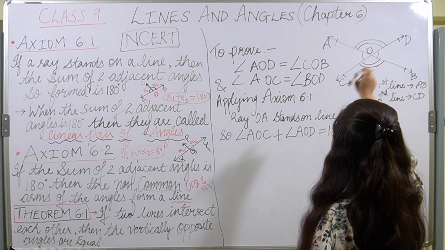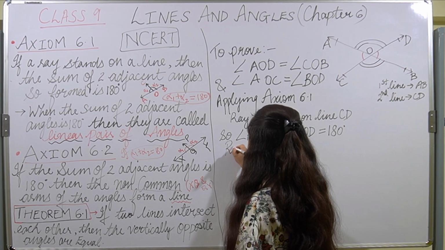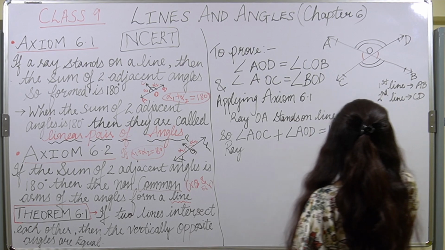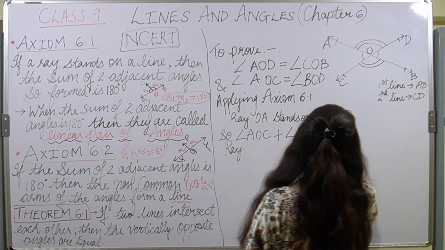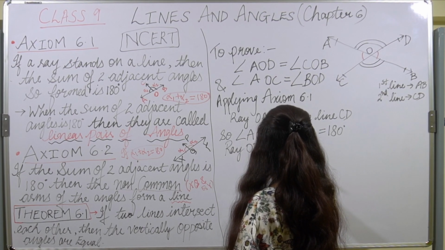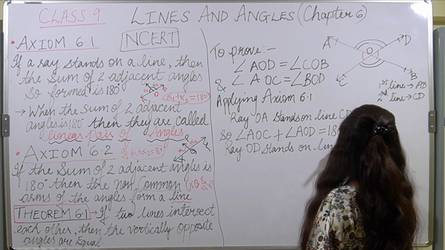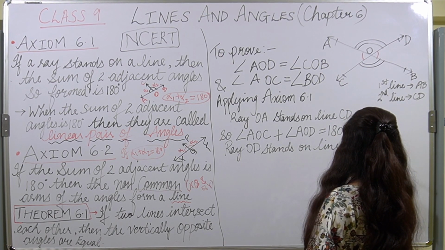Okay. Then similarly, ray OD stands on line AB.